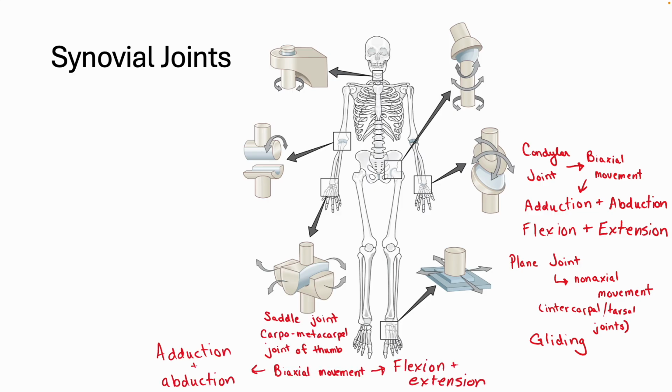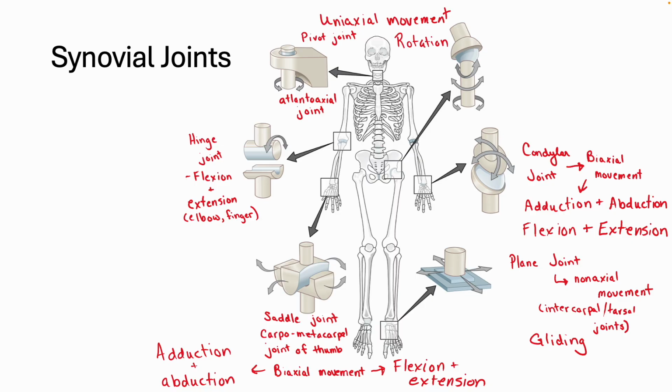We have saddle joints, which are going to be made up of the carpal metacarpal joint of the thumb. These allow for biaxial movement, allowing both adduction and abduction, as well as flexion and extension. We have a hinge joint like we see at our elbow, which allows for flexion and extension. We have a pivot joint like the atlantal axial joint.